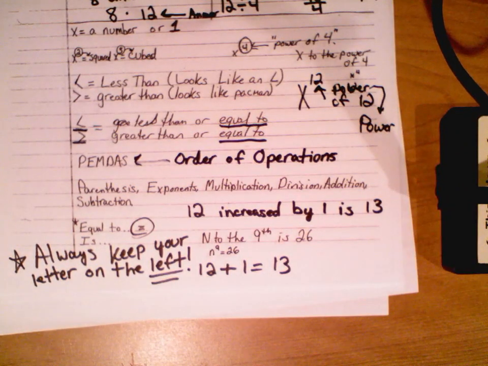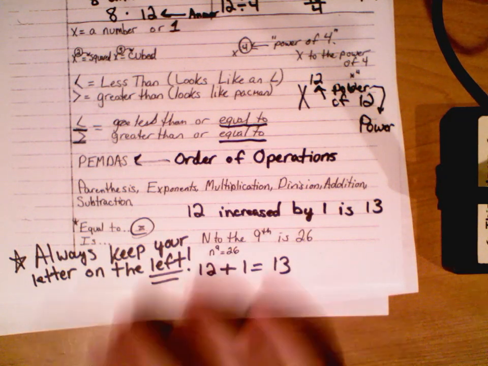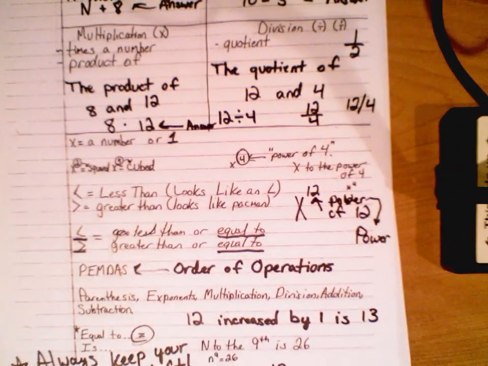Always, okay? When you keep it on the left, it makes it so much easier for you to finish what you're doing, and especially if you begin to solve these problems on your own. When your variable's on the right, you'd have to switch the sign, but ignore that. Make sure that your letter is on the left. Otherwise, guys, this is the breakdown of what we're working with this week.